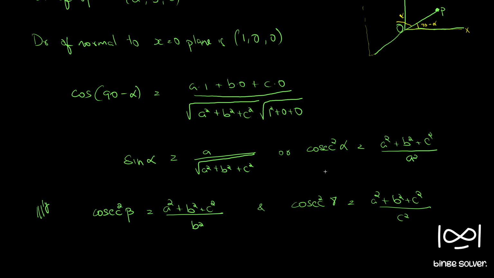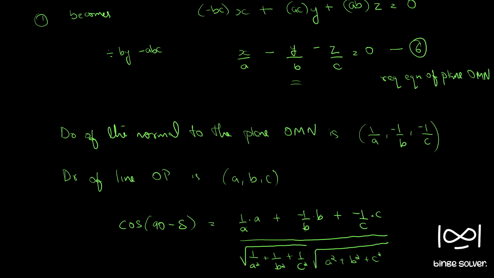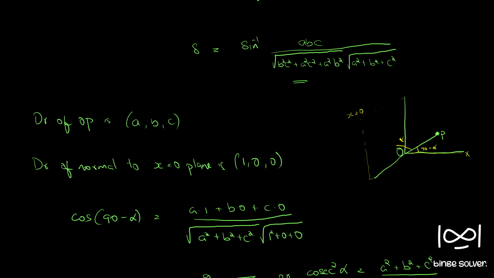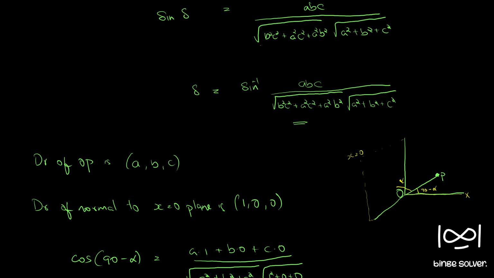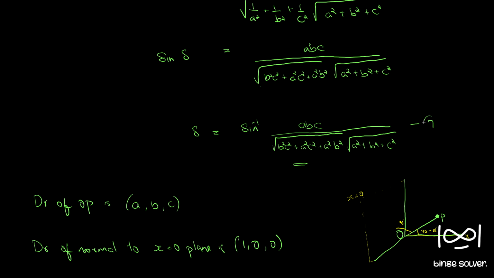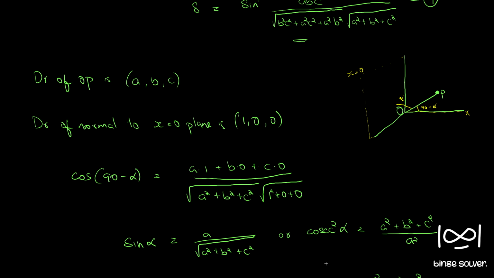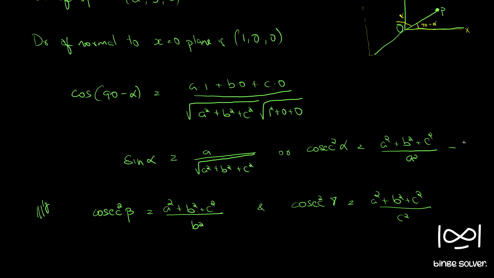So we got our cosec square alpha, beta and gamma. We will call these equations 8, 9 and 10.